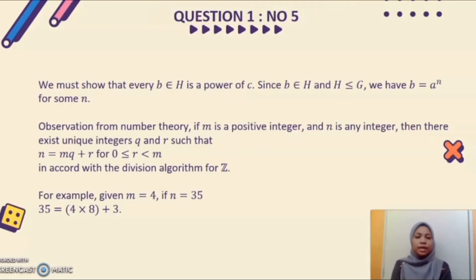Observation from number theory: if m is a positive integer and n is any integer, then there exist unique integers q and r such that n = mq + r, where r is between 0 and m, in accord with the division algorithm for integers. For example, given m = 4 and n = 35, if we divide 35 by 4, 35 is equal to 4 times 8 with remainder 3.